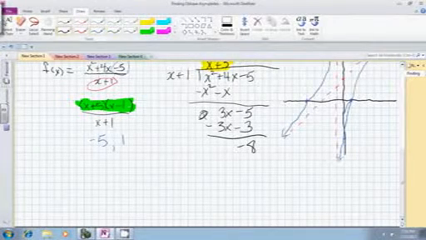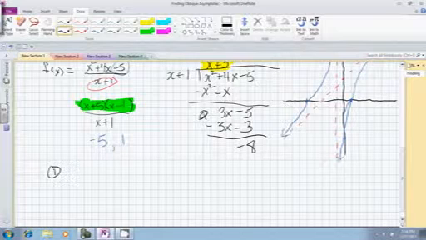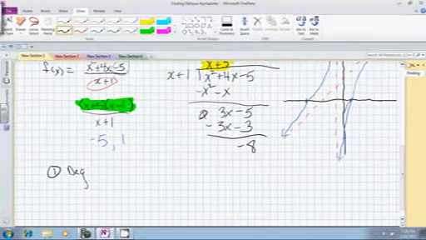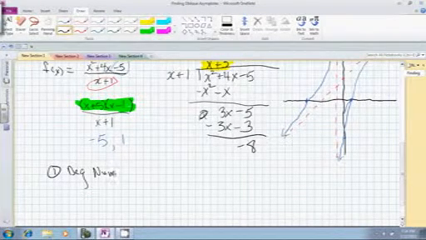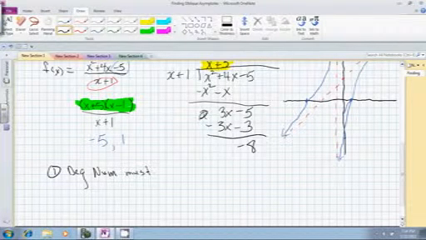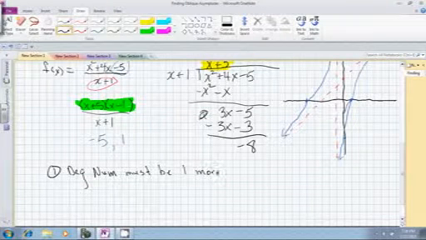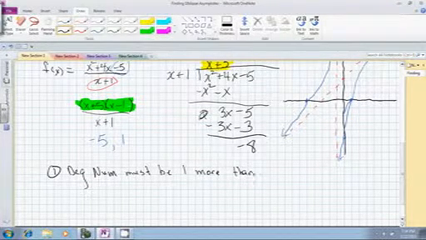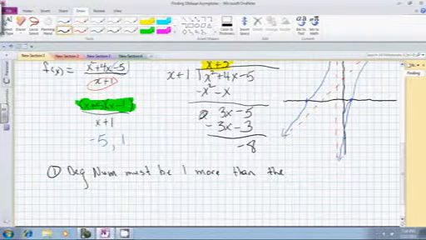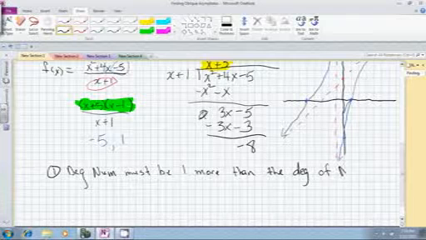So, in summary, how do we find oblique asymptotes? First off, the degree of the top, or the numerator, must be 1 more than the degree of the denominator.